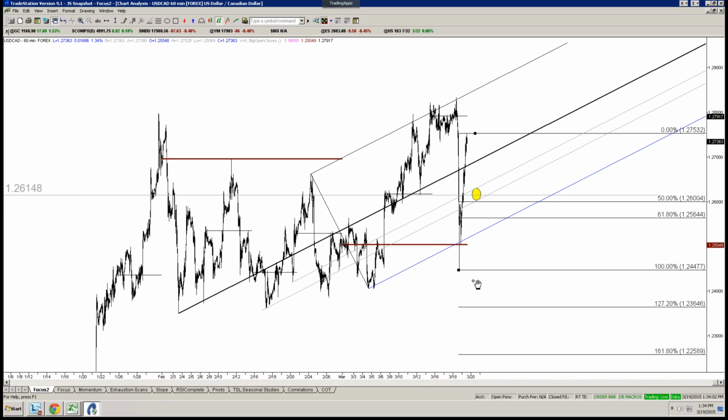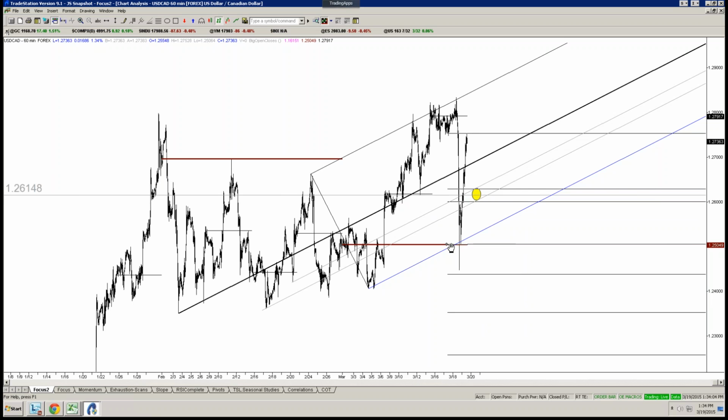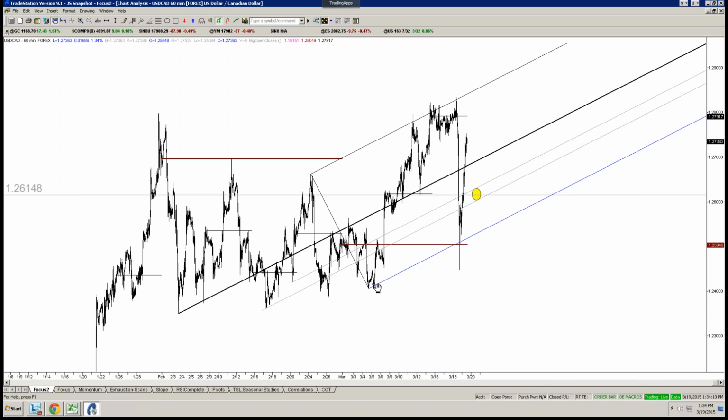And 26 is the 50%. If we go from here without the spike, it seems to be the right level, 2600 to 2630. So I'd be looking for support around 2600 to 2630 tomorrow, if you got a spike down in CAD.